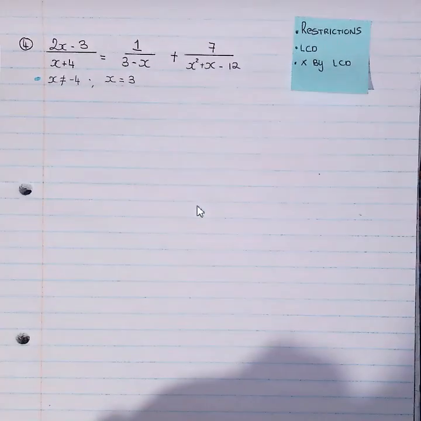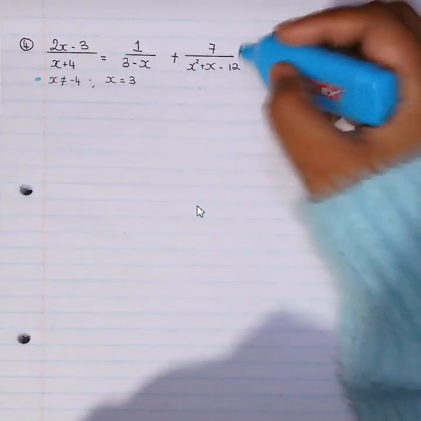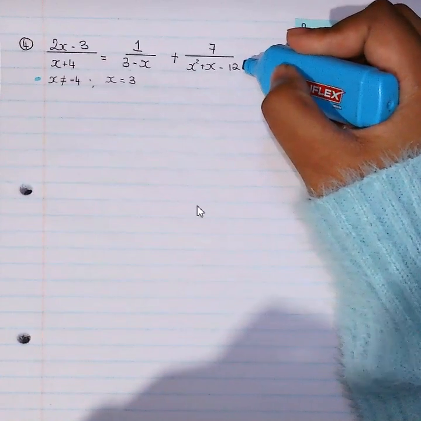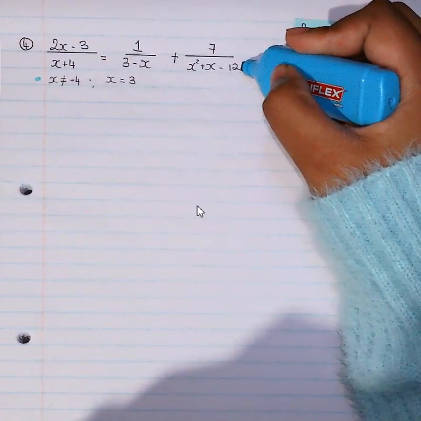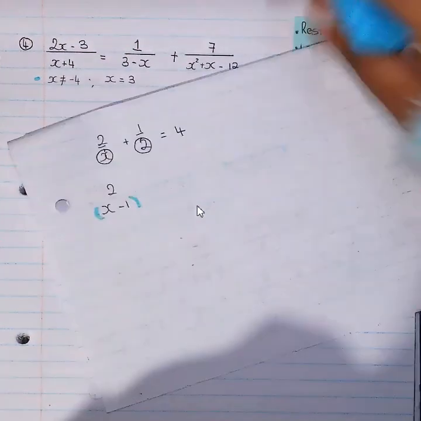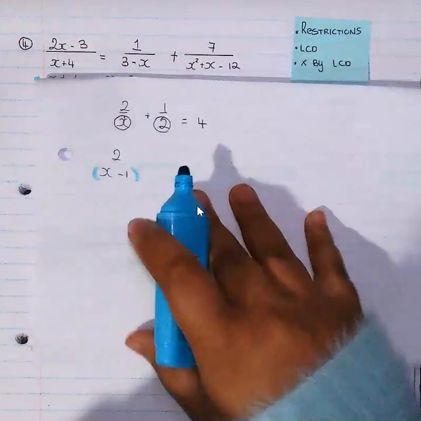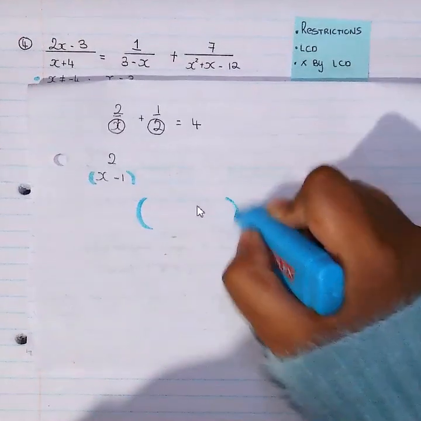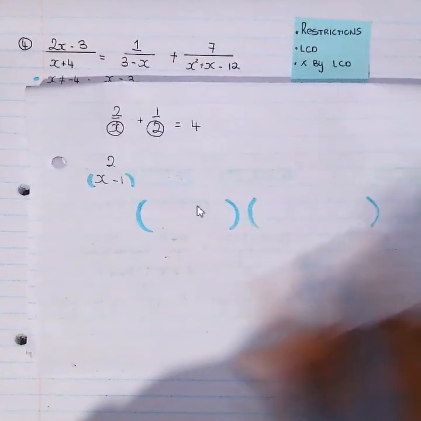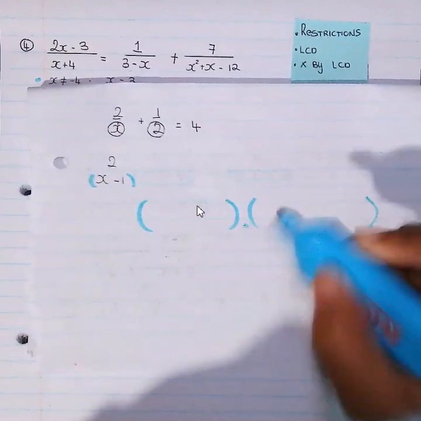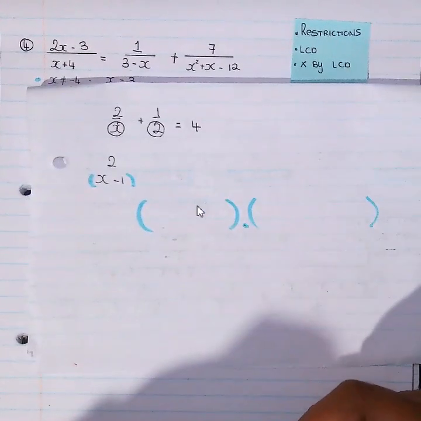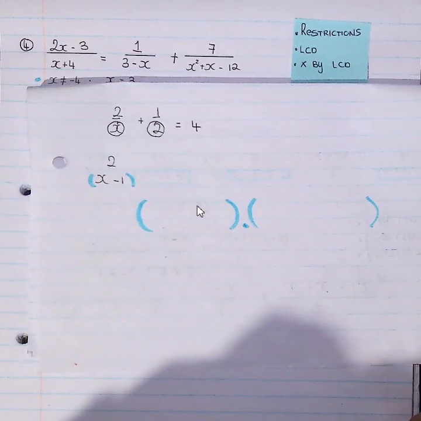But now in this case we have this trinomial over here that we can factorize so that we end up with one term, because with trinomials, when we factorize them, we end up with something like this, which we know from grade 9 constitutes a monomial. So once your denominator is a monomial and it can't be factorized, that is when you find your LCD.